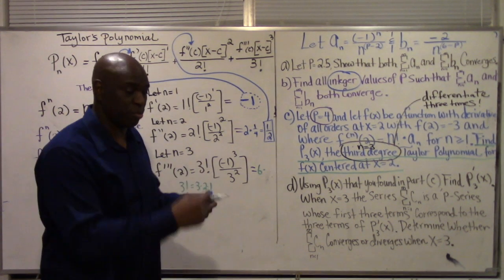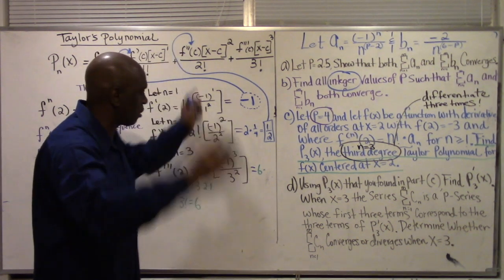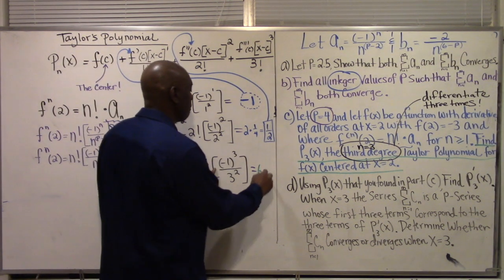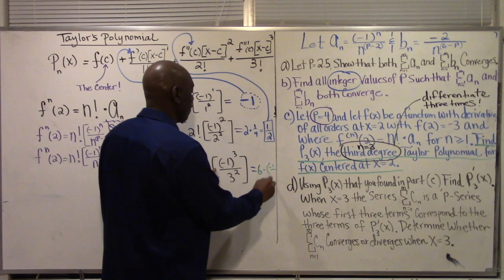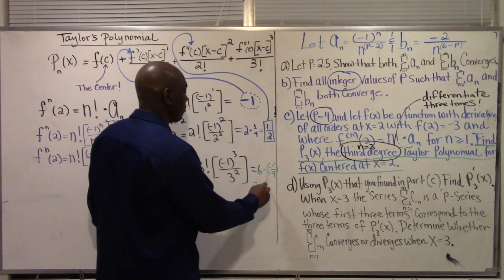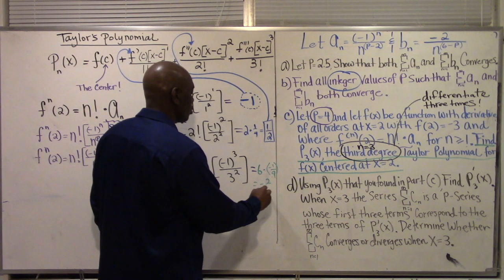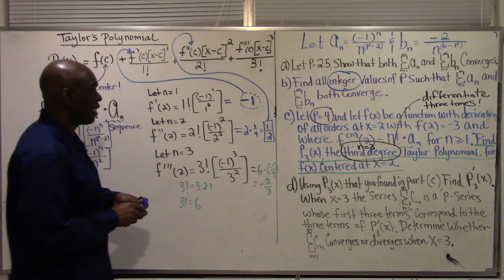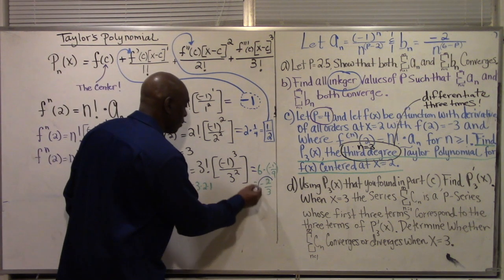It doesn't matter, you can decrease and multiply or increase and multiply. Same thing. And so negative 1 cubed is negative 1, all divided by 3 squared is 9. So that's going to equal negative 2/3.